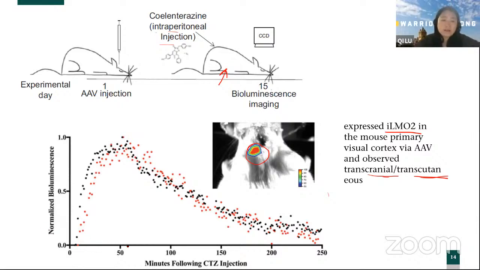We can see that after injection of the CTZ, after about 15 minutes it reached the peak. Then after 250, it returns to the baseline. And it's pretty cool, its fluorescence is quite strong so that it can penetrate to the outside and be captured by a CCD camera.